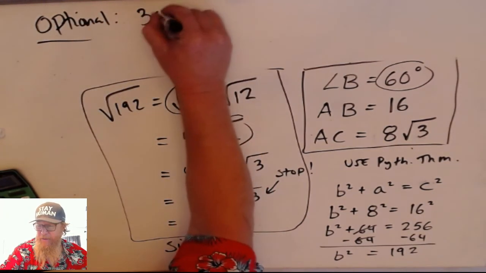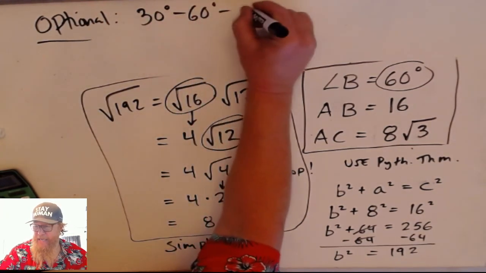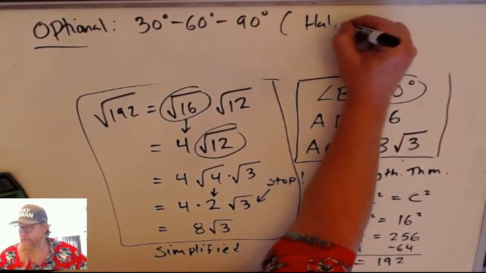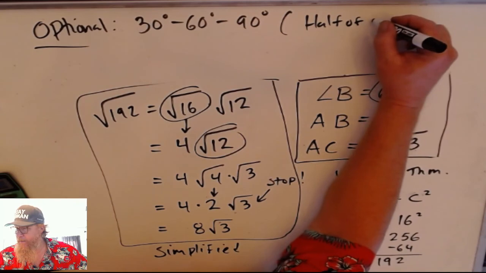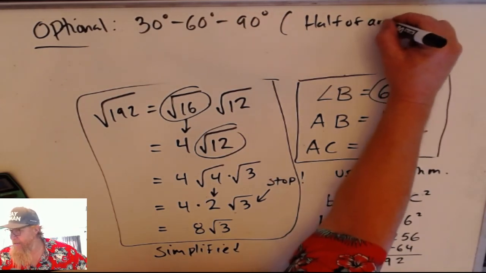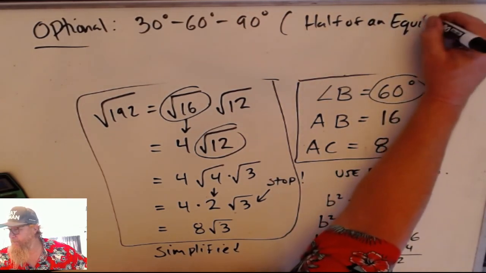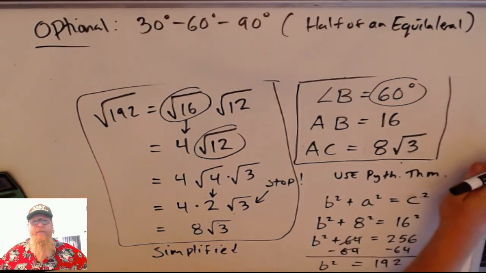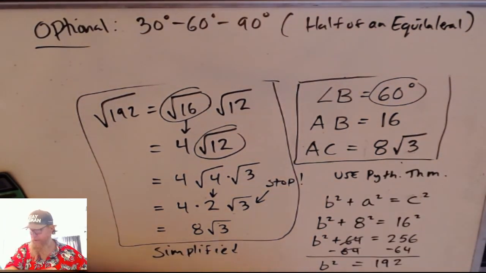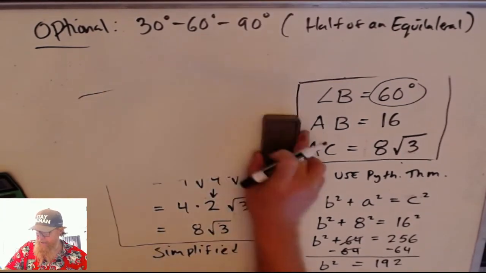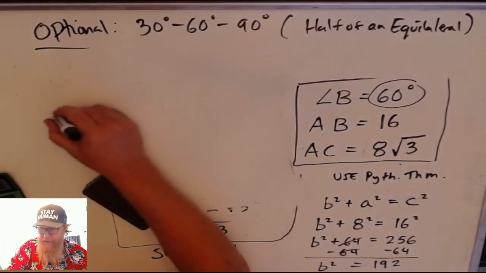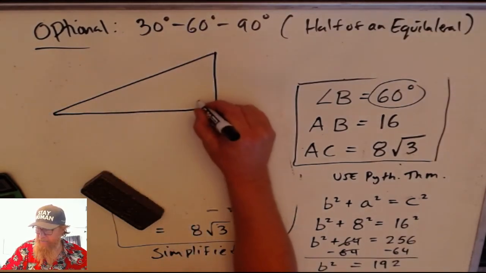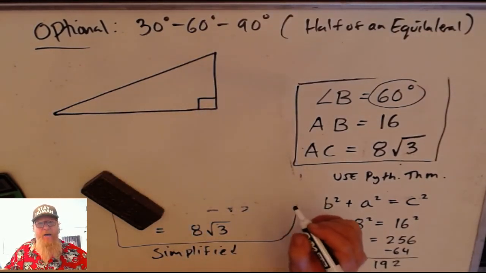If you have a 30, 60, 90, it's basically half of an equilateral triangle. Sorry, I said isosceles, it's not an isosceles, it's equilateral. All right, so half of an equilateral triangle. There is a very familiar pattern, which in Math 5, trigonometry, this becomes not optional.